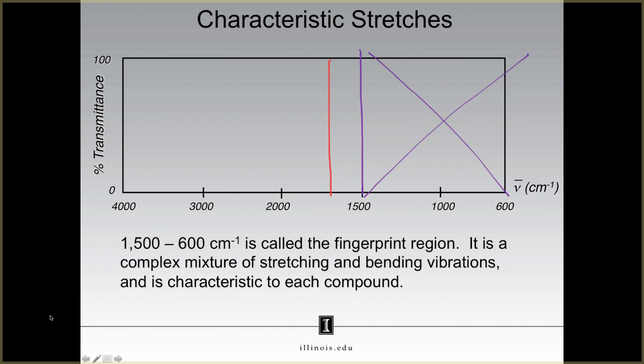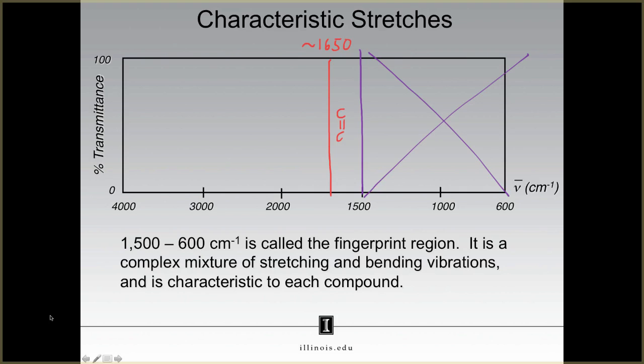The next region to look at is at approximately 1,650 wave numbers. In this region, we see carbon-carbon double bonds. Now note that this is approximate. Carbon-carbon double bonds can appear above 1650, they can appear below 1650, but they will always appear somewhere in this area.